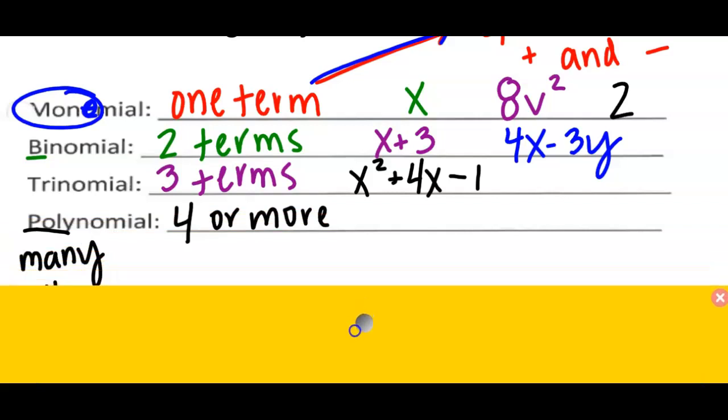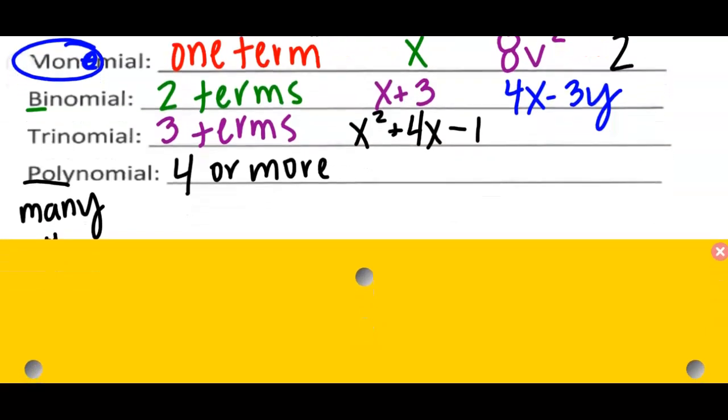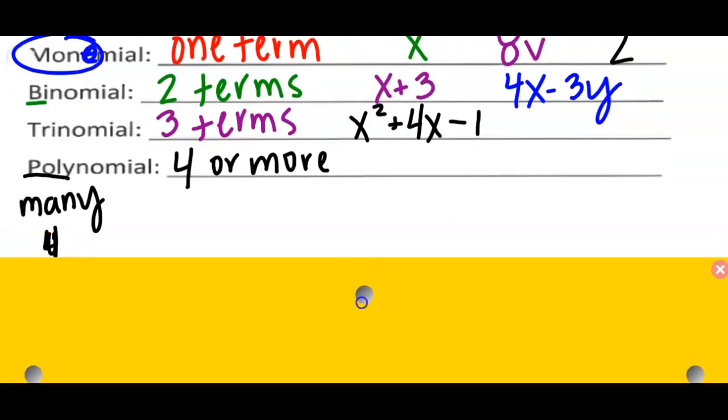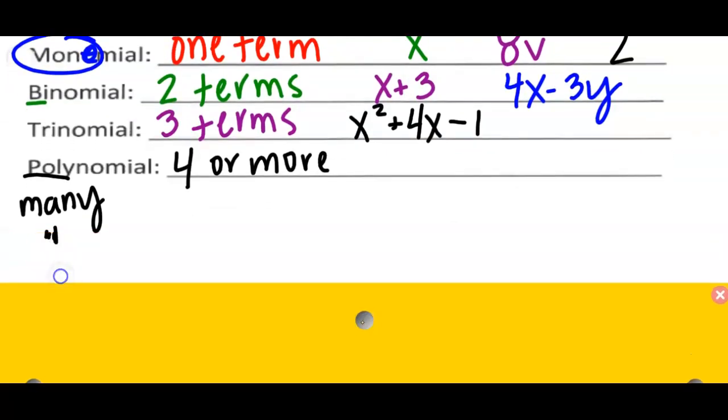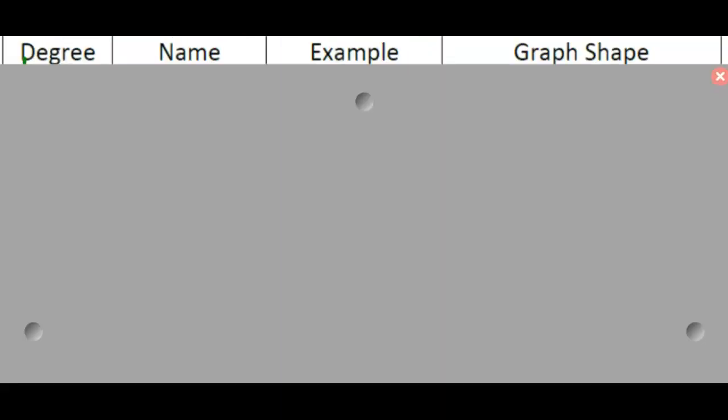It is called a polynomial. Poly means many. And so many terms is a polynomial. So it's 4 or more. Okay? All right, great.